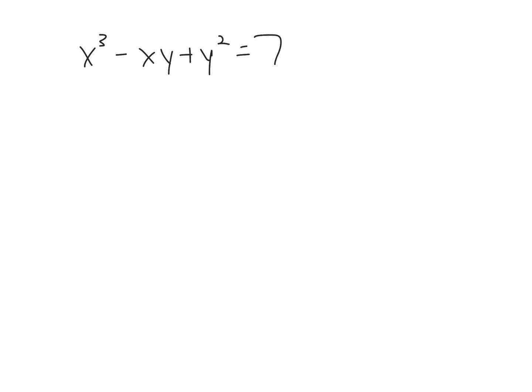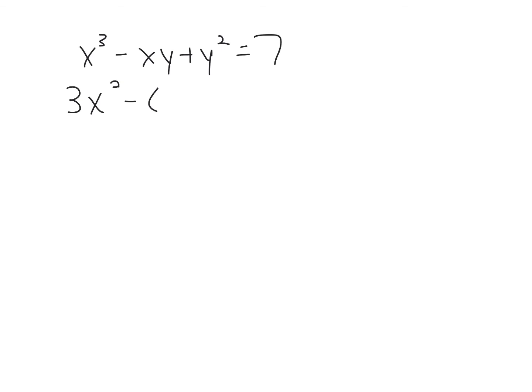Alright, what was step 1? Here's our first example. Step 1 said differentiate both sides of the equation with respect to x. So we'll get 3x squared. We are multiplying x and y, so we have to use our favorite product rule.